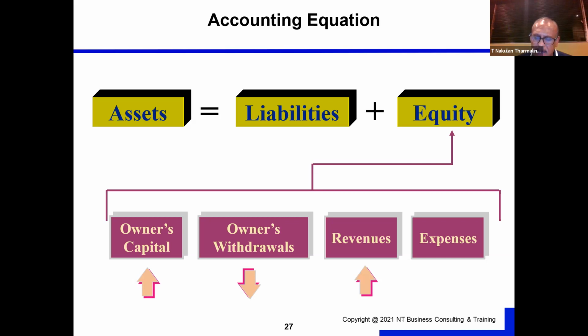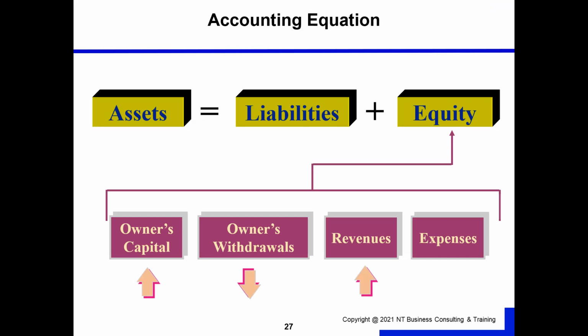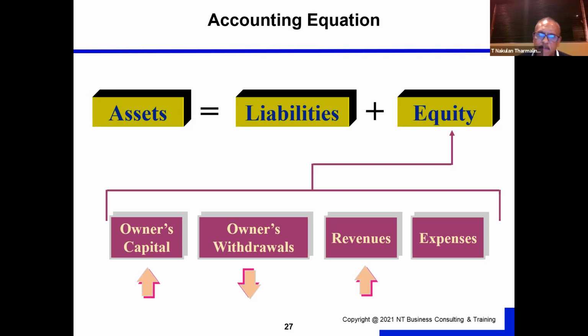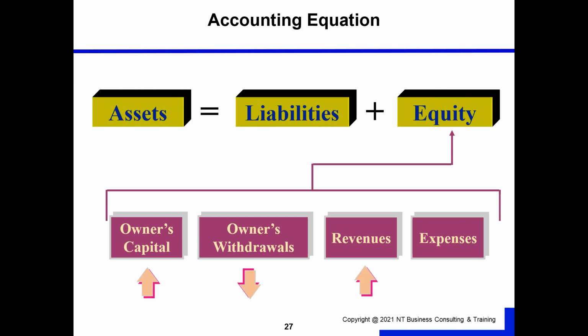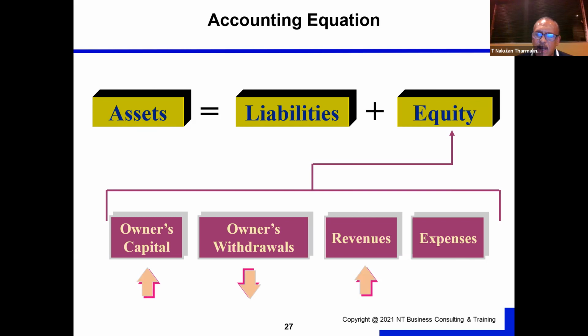How did you buy it? I'm going to pay cash for it. So what happens? You brought 100,000 in cash. Your capital goes up. Your asset also would have gone up by 100,000. Now you're going to take the cash and convert it into furniture. So 50,000 goes down in your asset, which is cash, and 50,000 goes up in asset, which is your furniture.